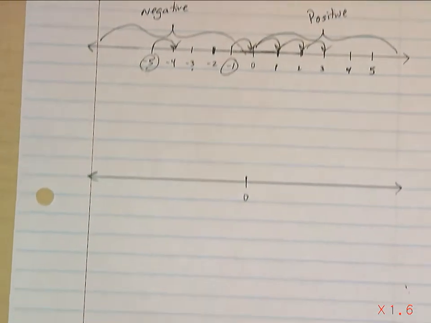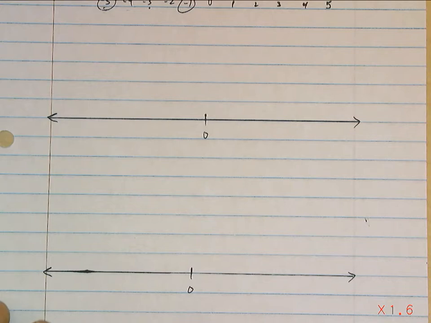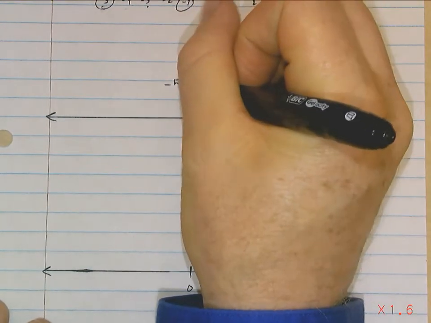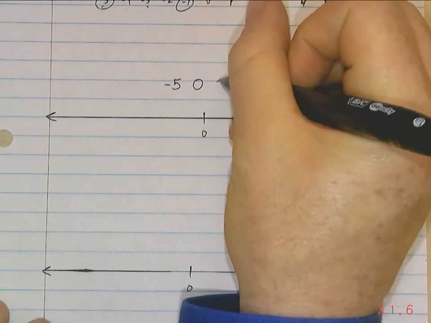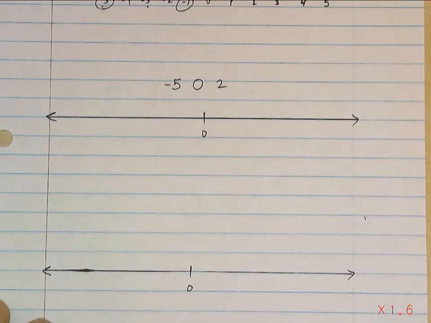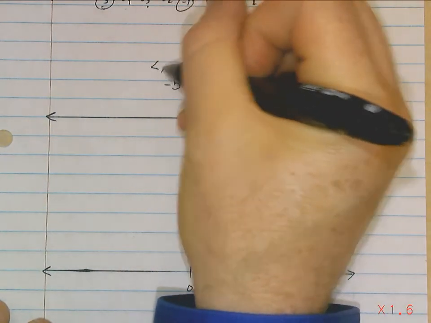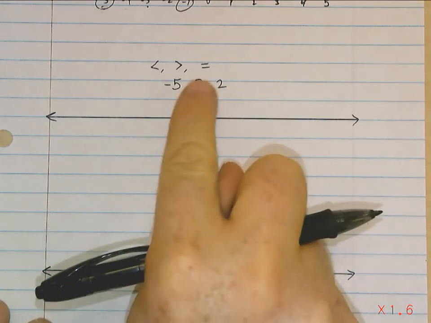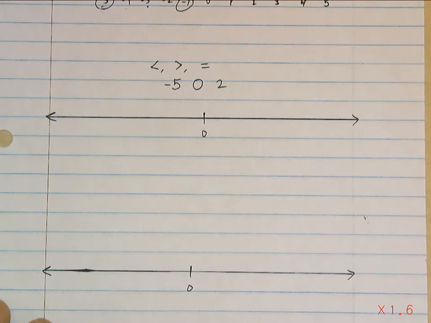So what happens is when we're comparing them, let's say I compare negative 5 compared to positive 2. Okay? If we're using the less than, greater than, or equal to symbols, we're going to have to pick one of those to make that statement true.